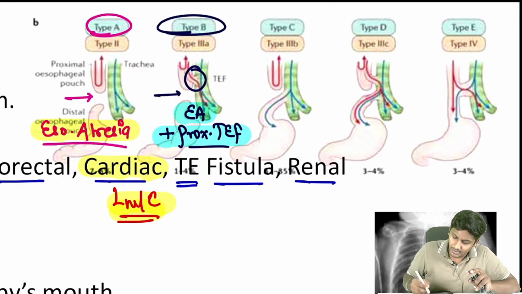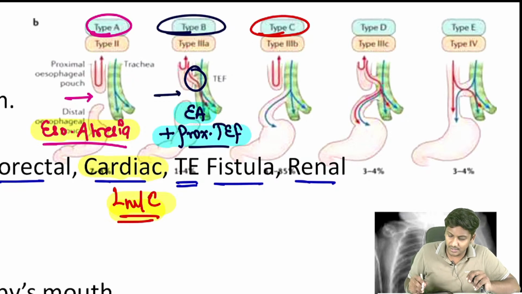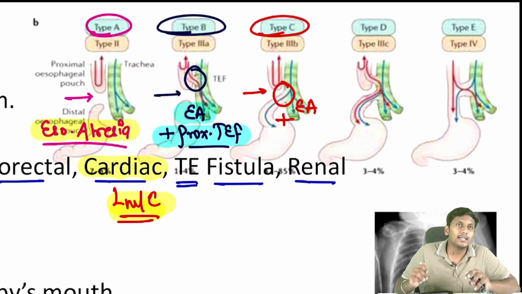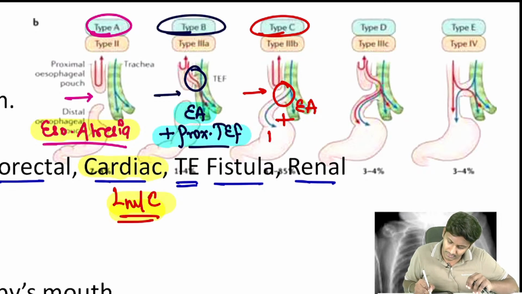Next is type C. Type C is important. In type C, can you see there is absence of some part of the esophagus? Yes. So the patient definitely has esophageal atresia. But along with it, can you see that the distal part of the esophagus is communicating with the trachea? So can we say there is a distal tracheoesophageal fistula? Yes. So in type C, there is esophageal atresia with a distal tracheoesophageal fistula.